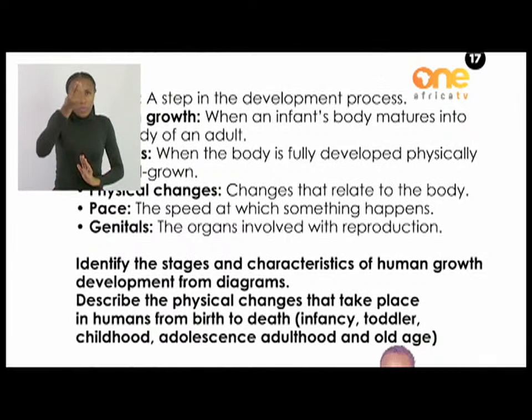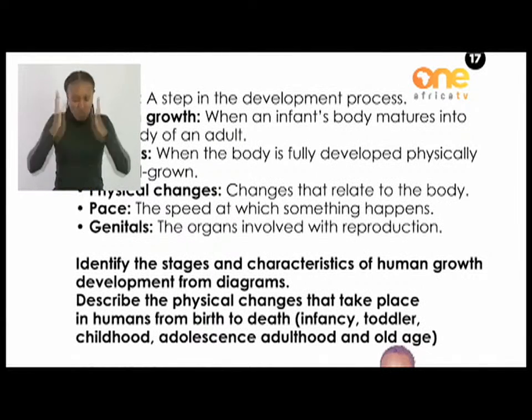Human growth is when an infant body matures into a body of an adult. It means we are looking at from being a child or a baby until we become an old person. Matures is when the body is fully developed. It means you become a very big person now, or a grown somebody.